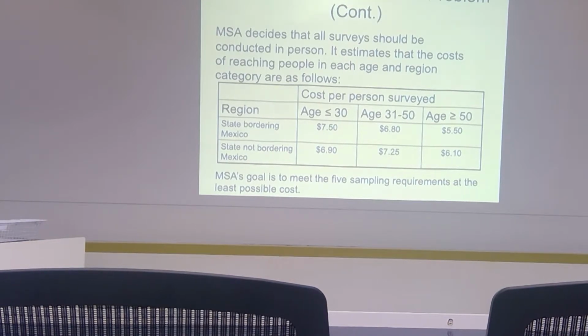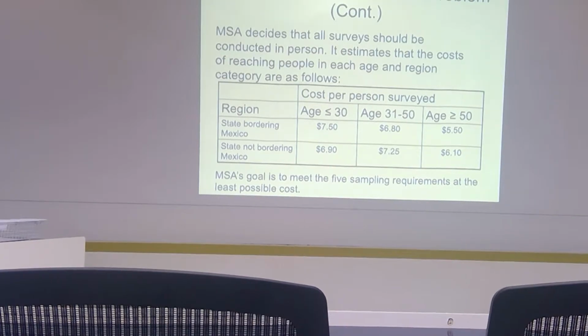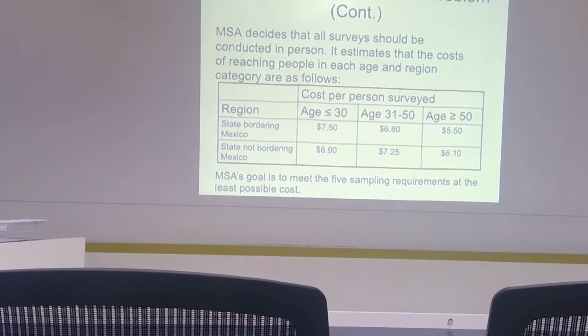And when the company does the marketing survey or marketing research, they're going to have a cost. So this is the cost that they have for the age ranges of 30 or less, 31 to 50, and more than 50. We also have the regions, the states bordering Mexico and not bordering Mexico.